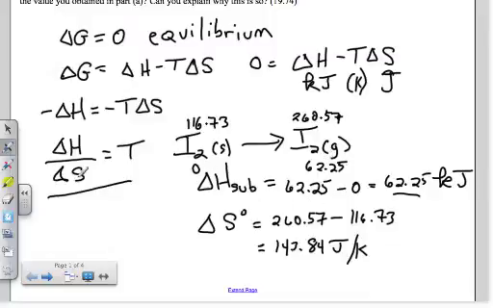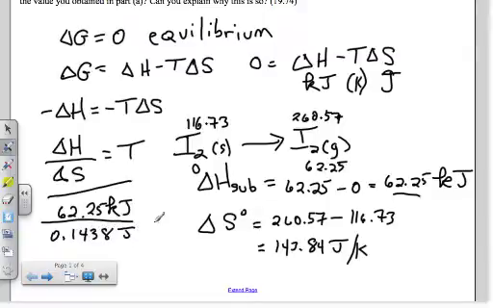So now we're going to take these two things and we're going to get that temperature for sublimation. But remember, you have to change your units. So I'm going to take my 62.25 kilojoules for delta H and put that over delta S, but I have to put that in kilojoules, so 0.1438 kilojoules per Kelvin.